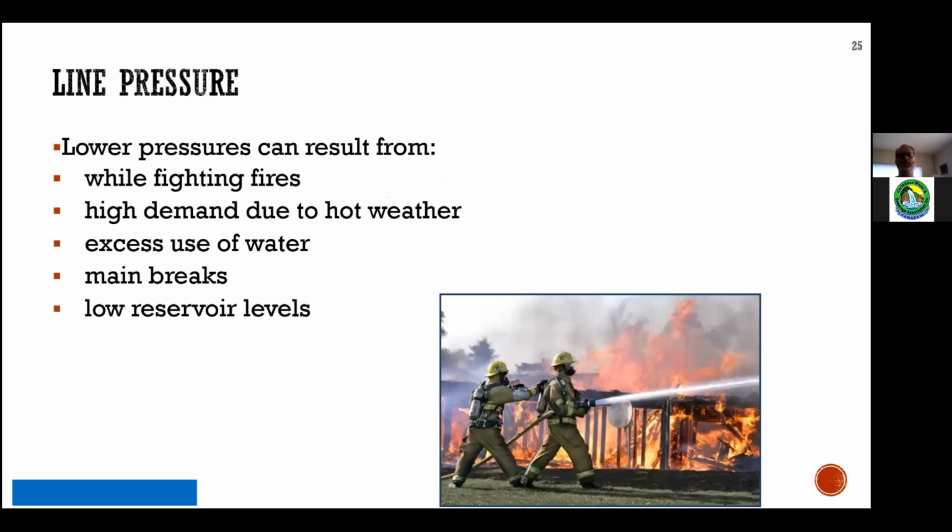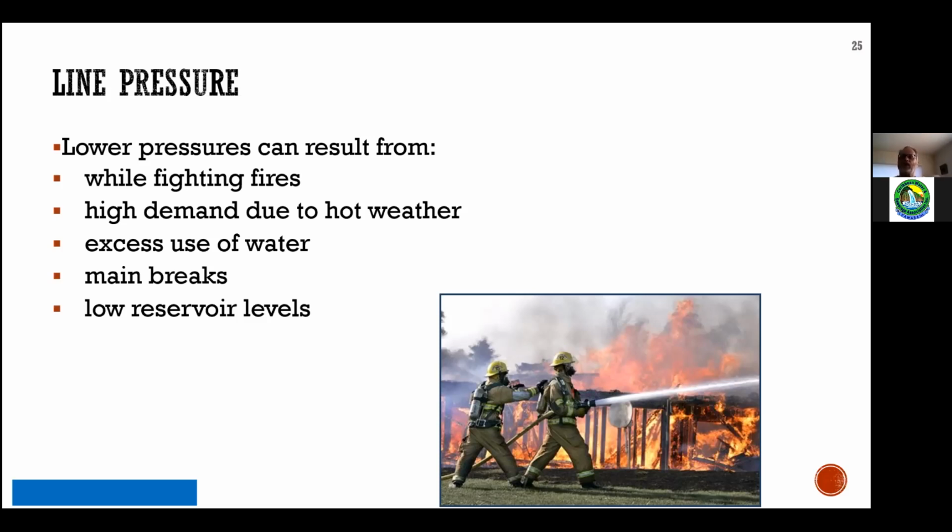And remember, we've talked about changes in the pipe condition or size, but lots of things can happen, as operators know, that can drop the energy in the system. So, picture there of a fire being fought.